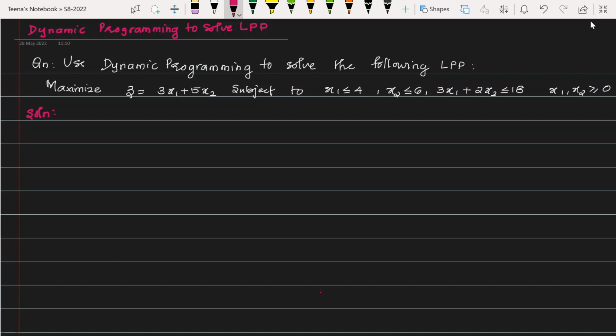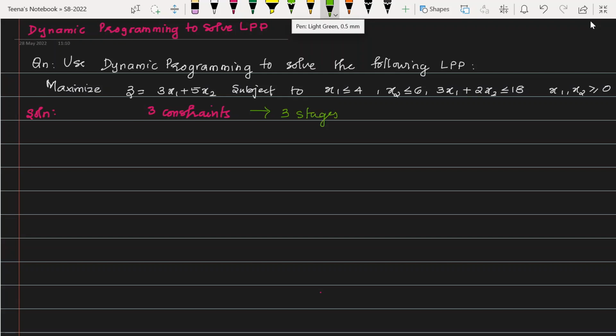Now here you can see that there are three constraints, and these three constraints are regarded as three stages. So these are the three stages.